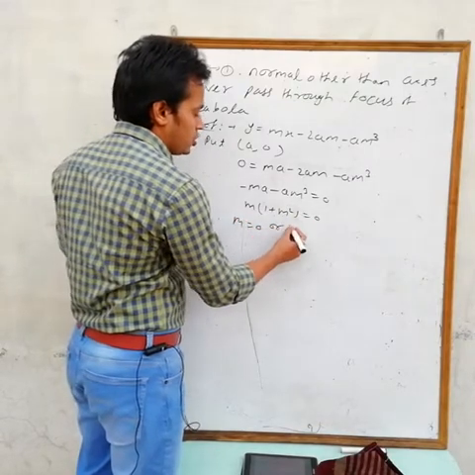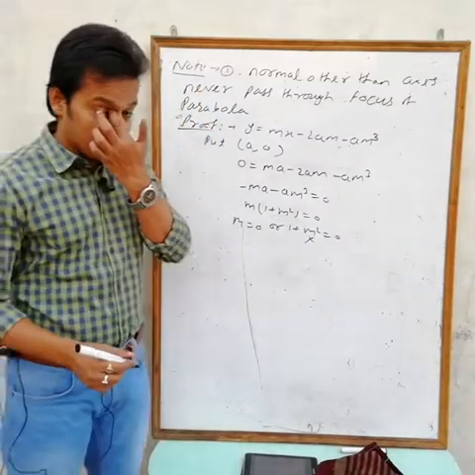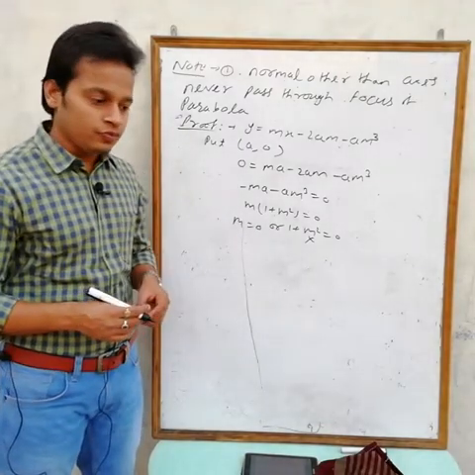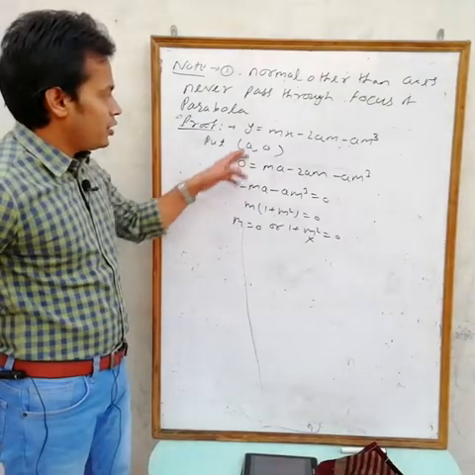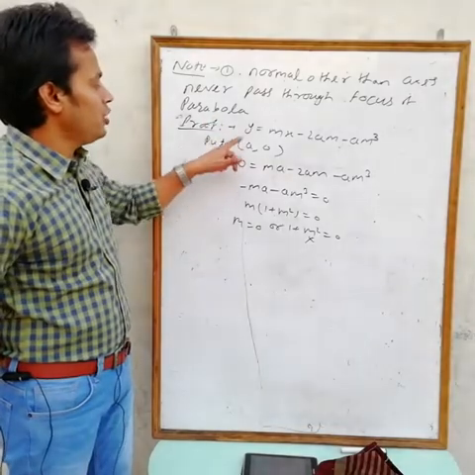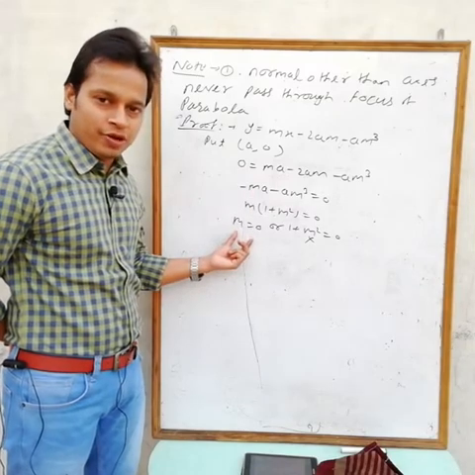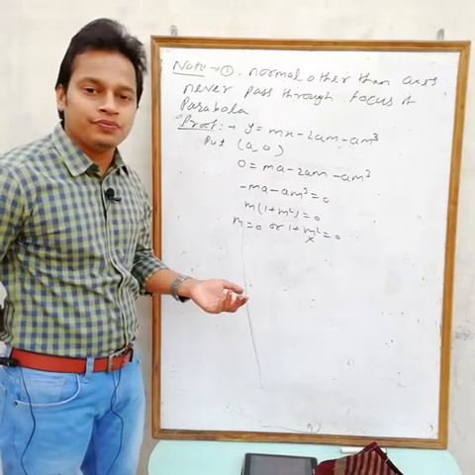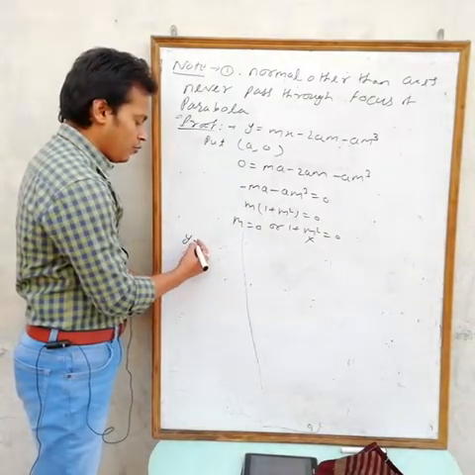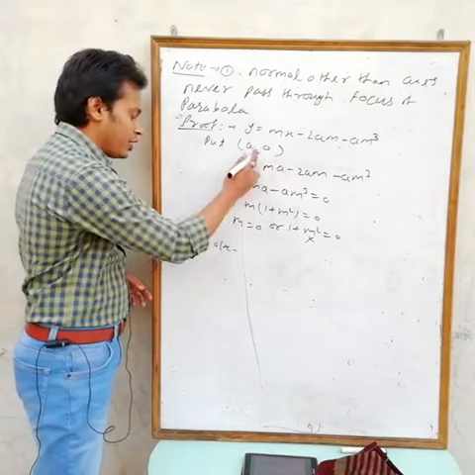Either m equals 0 or 1 plus m square equals 0. Now 1 plus m square can't be equal to 0. Then we have only one option, m equals 0. It means after solving we are getting the slope of those normals which pass through a comma 0, and we get only one slope, m equals 0. This is the slope, this is the point. Then find the equation: y minus y1 equals m into x minus x1.